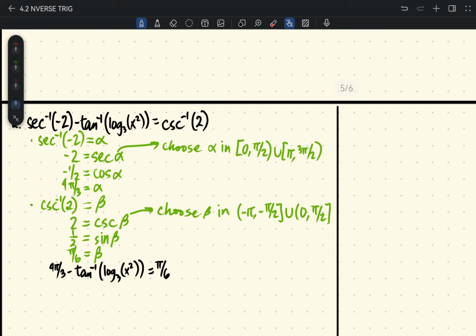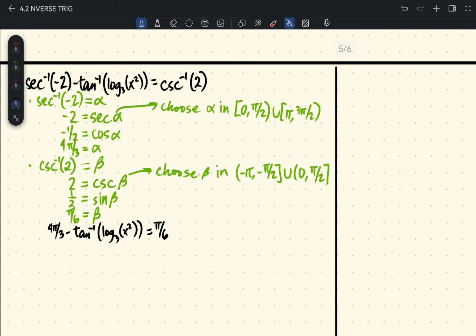So now let's do our simplifications. We can put tangent inverse here and put pi over 6 right here. We have 4 pi over 3 minus pi over 6 equals tangent inverse of the log of x squared base 3.